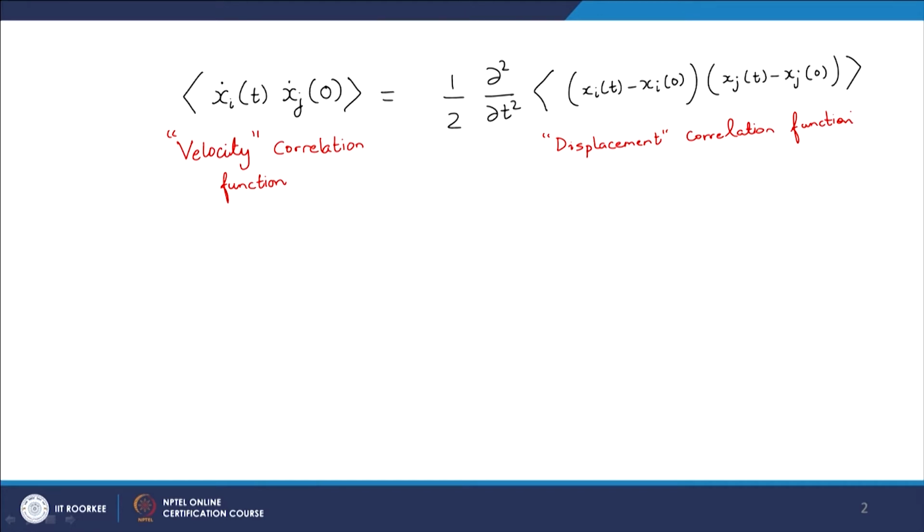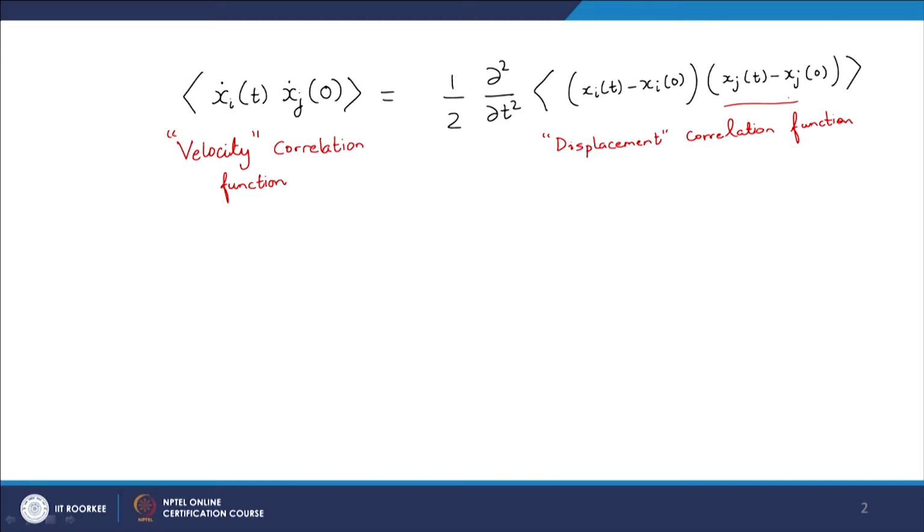And just to give an example of what xi and xj can be, xi and xj can be, for example, the change in position along x and y direction. So the first term would be change in x, the second term will be change in y, and on the left hand side we would have the velocity in x multiplied by the velocity in y.